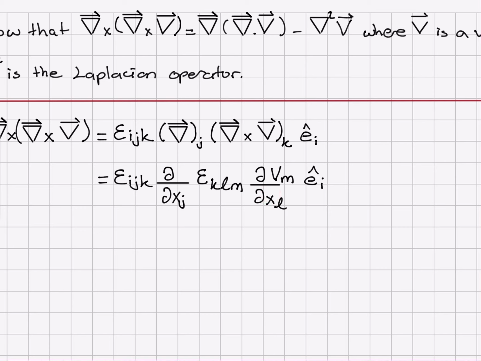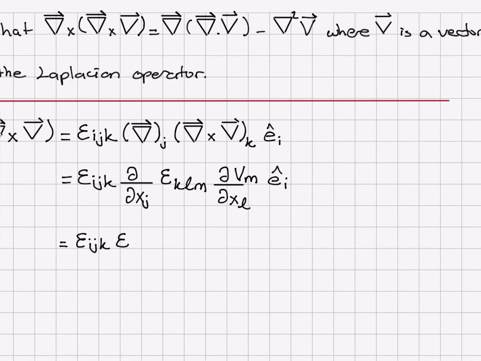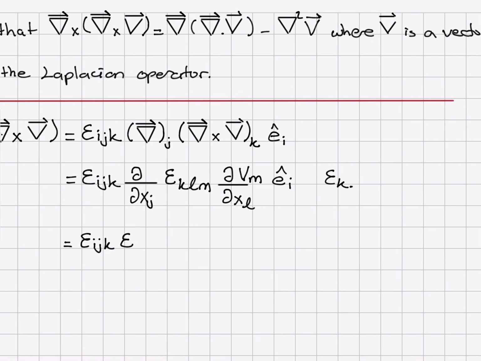Now I'm going to regroup this so that I have the Levi-Civita symbols written as a product in the first term here, epsilon ijk, and then epsilon klm. You can see that klm, lmk, clockwise direction is positive here, so epsilon klm is equal to epsilon lmk, due to cyclic permutations.